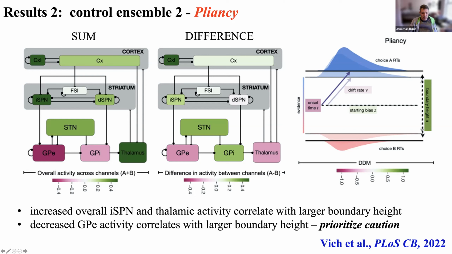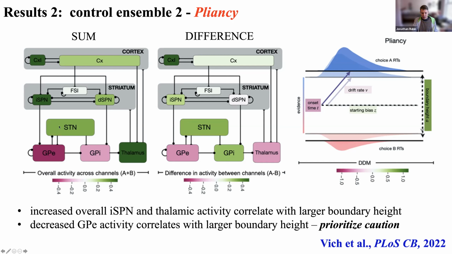Okay, so as I've written down here, overall activity in the indirect SPNs correlates with a higher boundary height, whereas decreased activity here corresponds with a lower boundary height. So basically this is an ensemble that allows you to prioritize caution by changing activity in these ways.